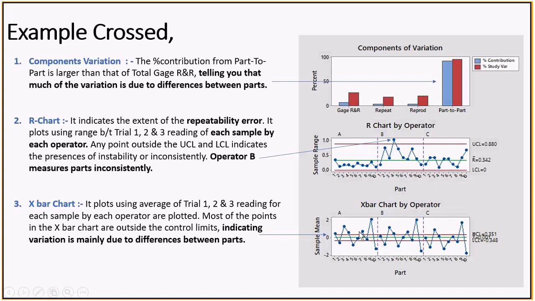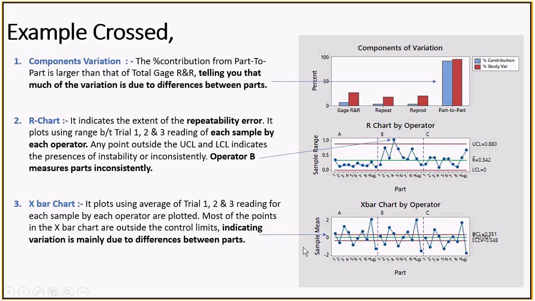Also we will see the pattern of these plots. The pattern of these plots should be similar for A, B, and C, because these are the average numbers: average of 3 trials by A, by B, and by C. So we want to see these patterns should be the same, right? And mostly we are looking for the measurement to be out of control.